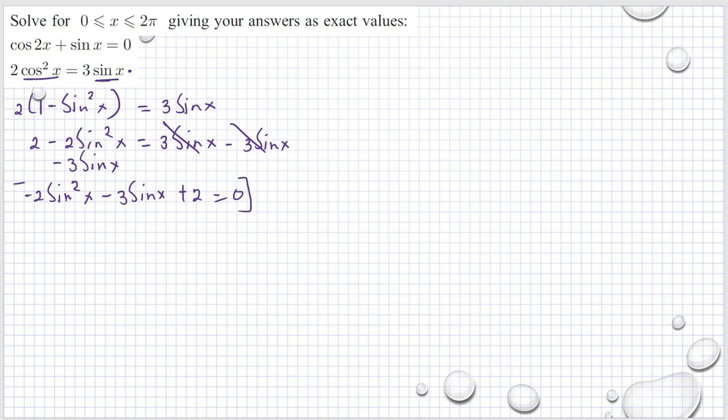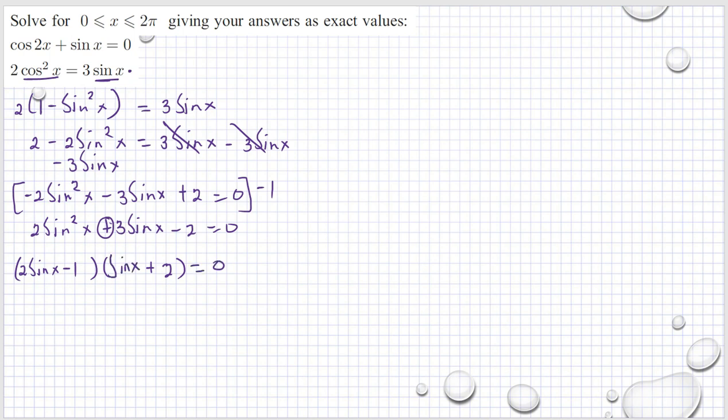If we multiply all the terms by negative 1, then we have 2 sine squared x plus 3 sine x minus 2 is equal to 0. Okay, then we have 2 sine x, positive here, that means we have plus 2 there. So we have 4 already. It means that is 1, negative 1, and then sine x here is equal to 0.